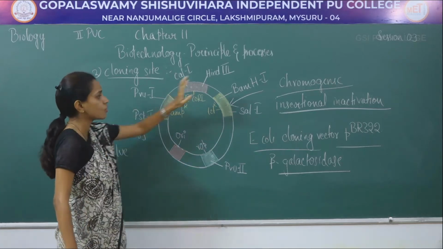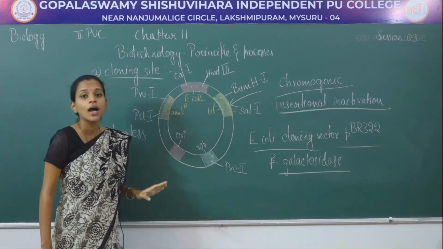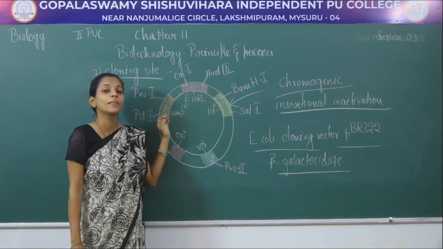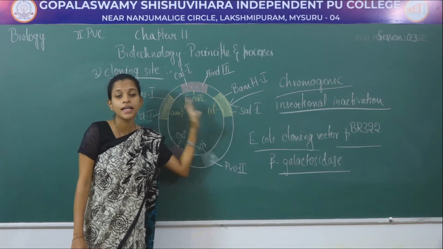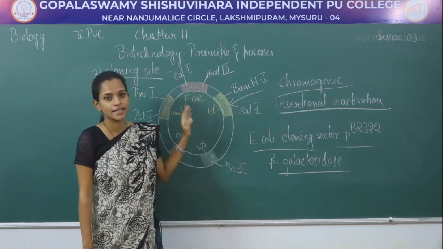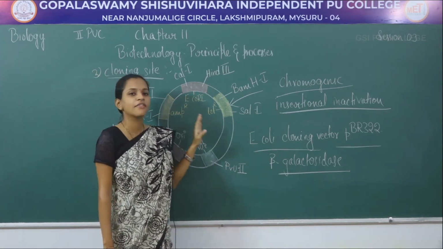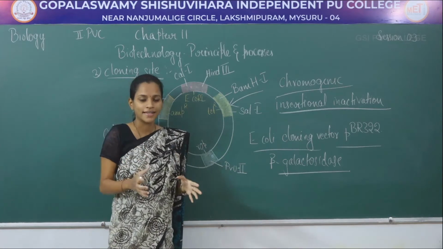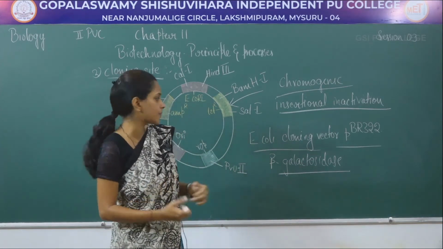So using this chromogenic substance, we are now able to identify whether the recombinant DNA is properly inserted into the plasmid or not. Once again, to discuss regarding this cloning site. So for every particular bacteria, there is a particular cloning site. For E.